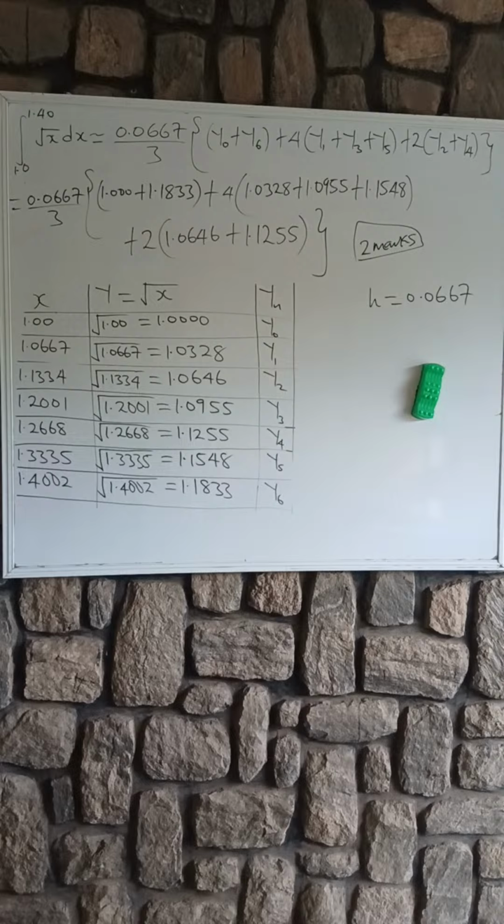I'm waiting for you. Zimo Abdul, you said your answer is 1.4600. Are you sure? Mahmoud, you said your answer is 1.4600. Are you sure?